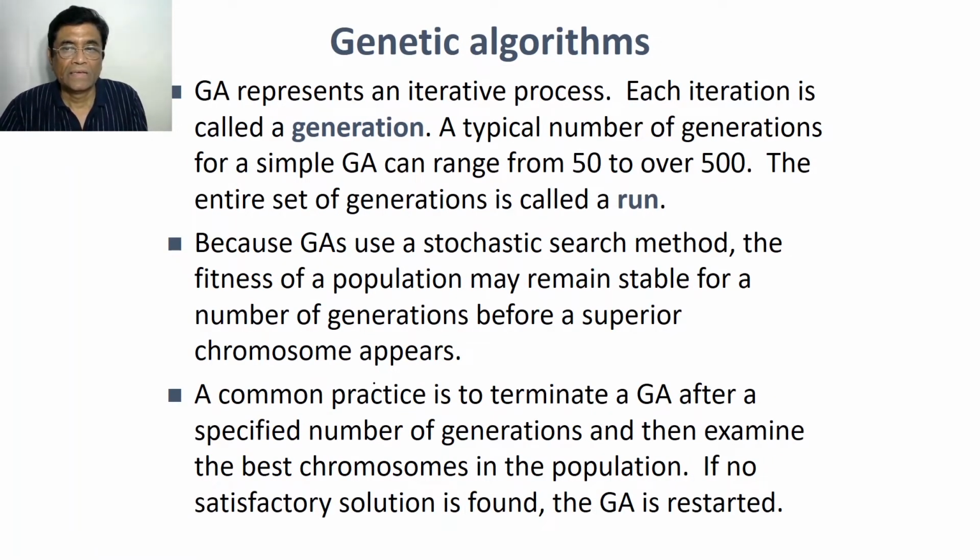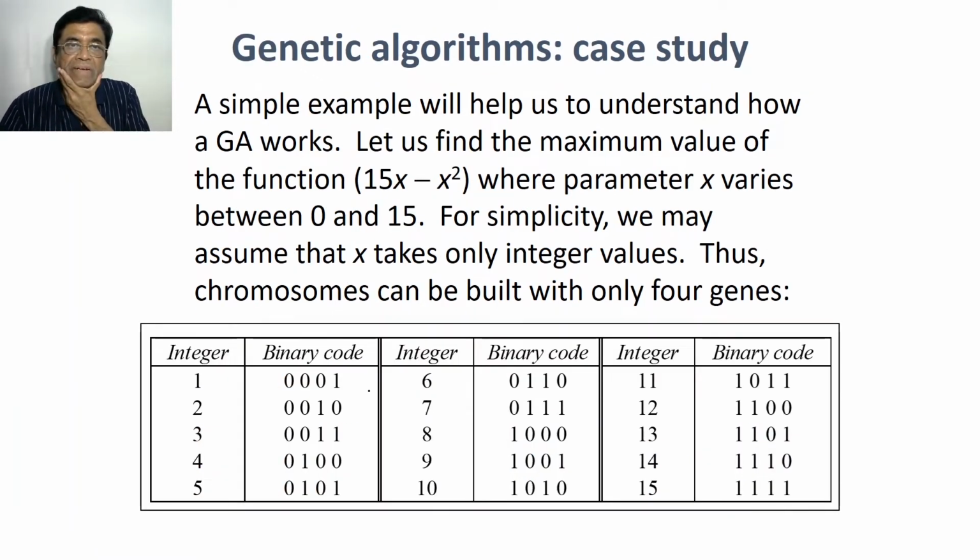Okay. Now let us try to understand by solving a problem by hand. By the way, you can refer to our textbook, Artificial Intelligence: A Guide to Intelligent Systems, written by Michael Negnevitsky.